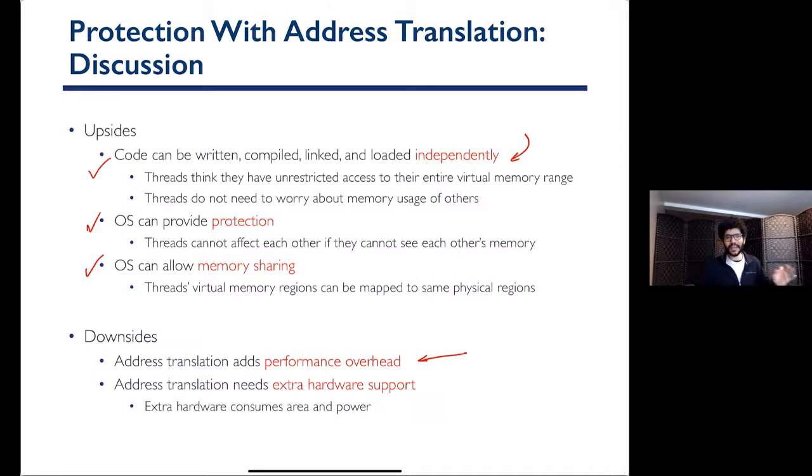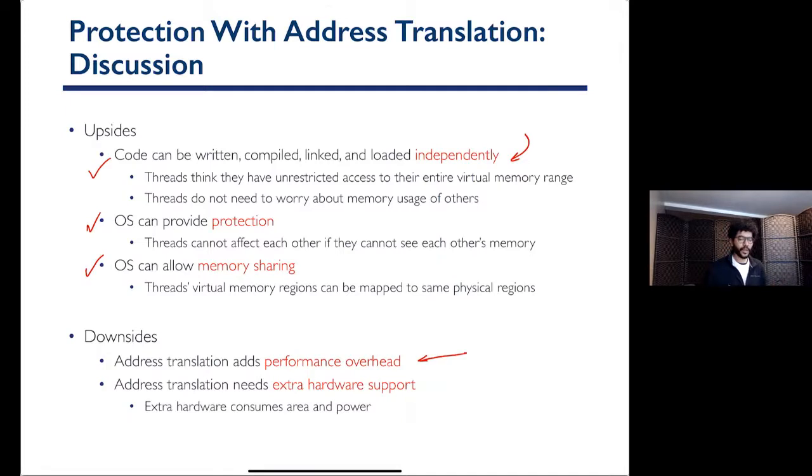So every access to memory now requires a translation, because the process is going to generate a virtual address, and the hardware has to figure out where this virtual address is mapped to in physical memory to go to that physical memory and read or write whatever it wants to read or write. So this will come with a performance overhead. Now, for every instruction, we need to translate.